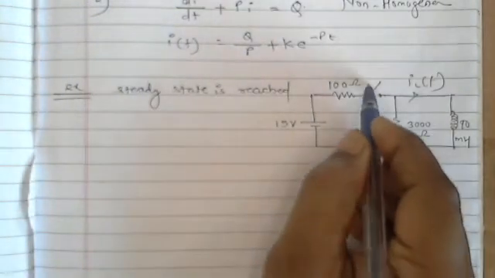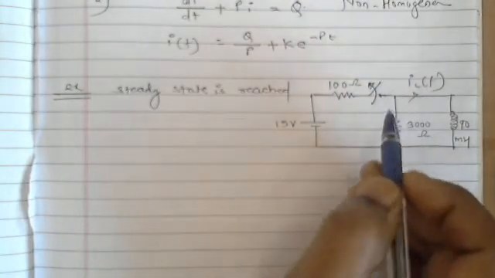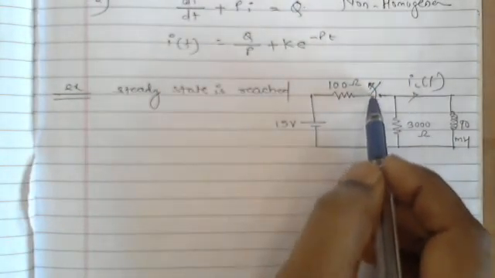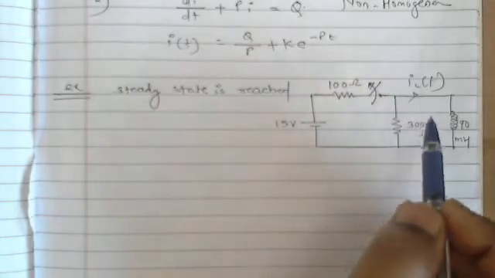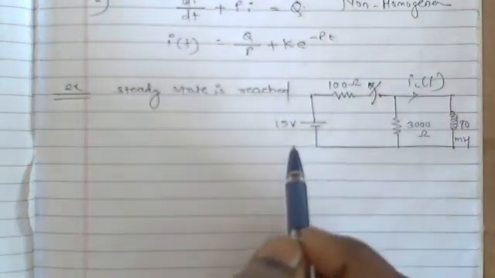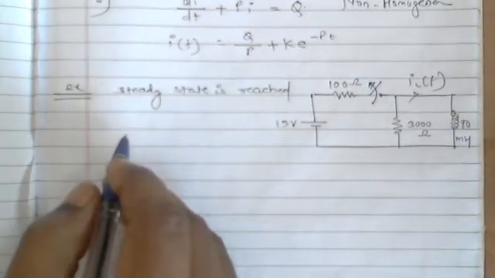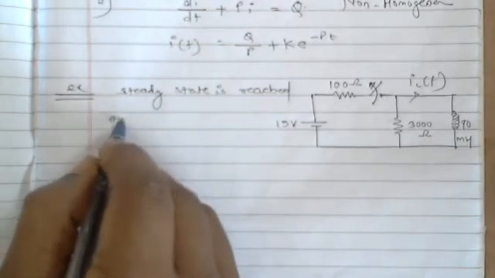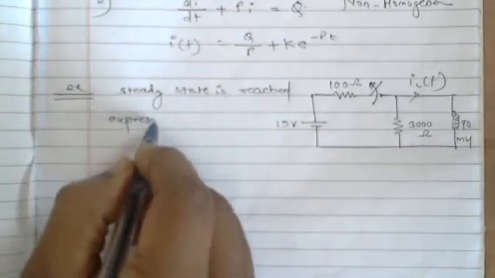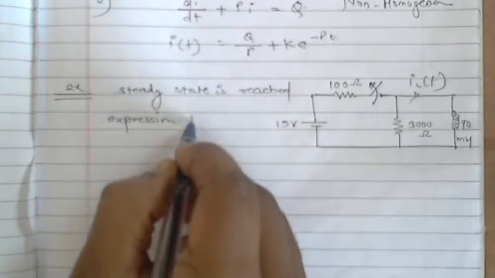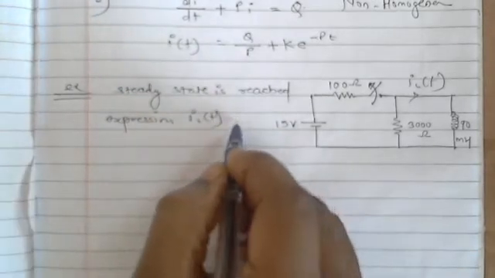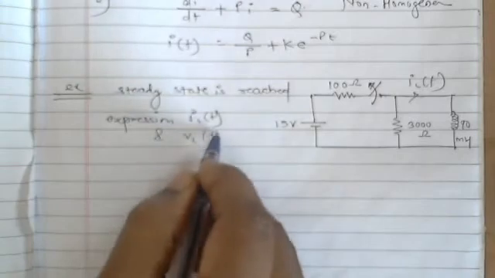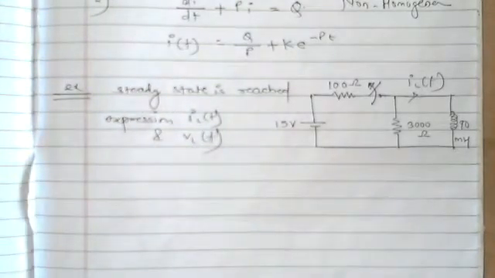So the switch was closed at 0 minus, and at that condition the circuit has attained a steady state condition. Now we'll have to find out the expressions for IL(t) and VL(t). So this is the question.